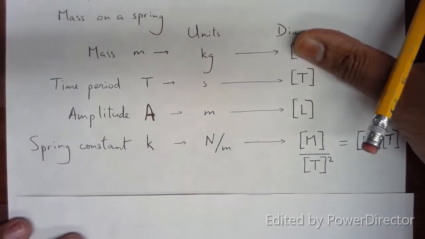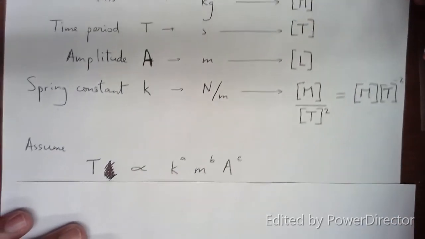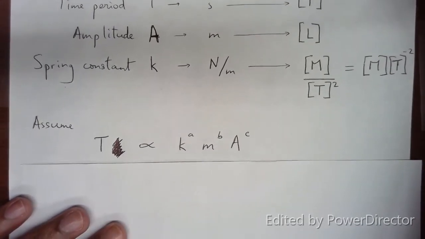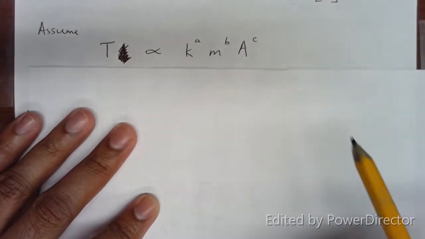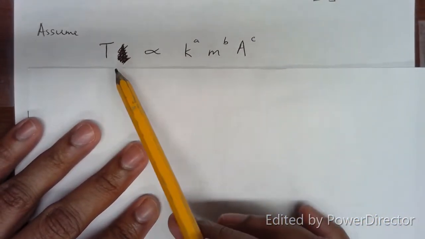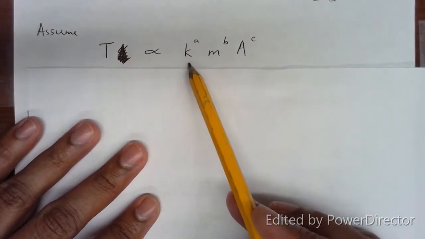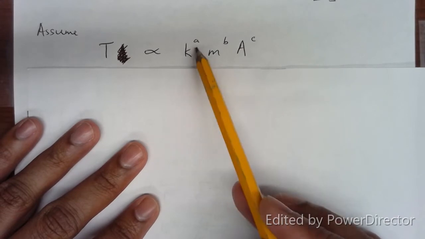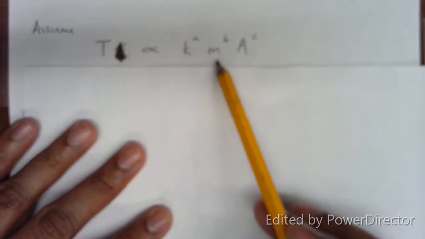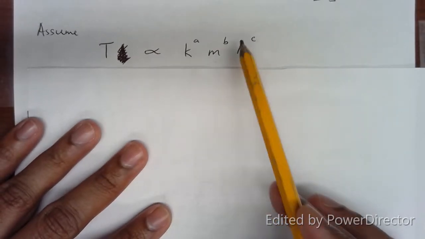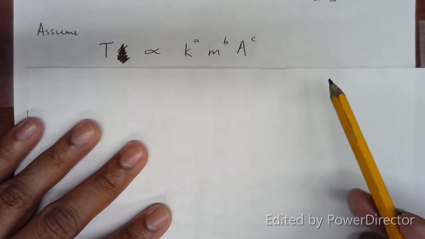So what we say is we make a guess that the time period is going to depend on the spring constant to some power a times the mass to some power b times the amplitude to some power c.